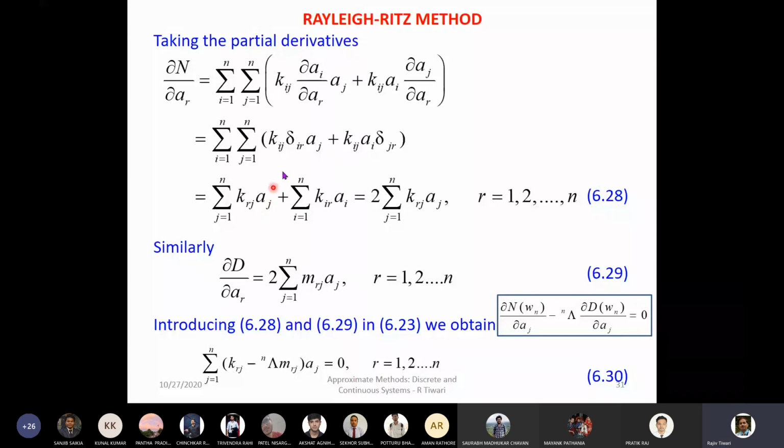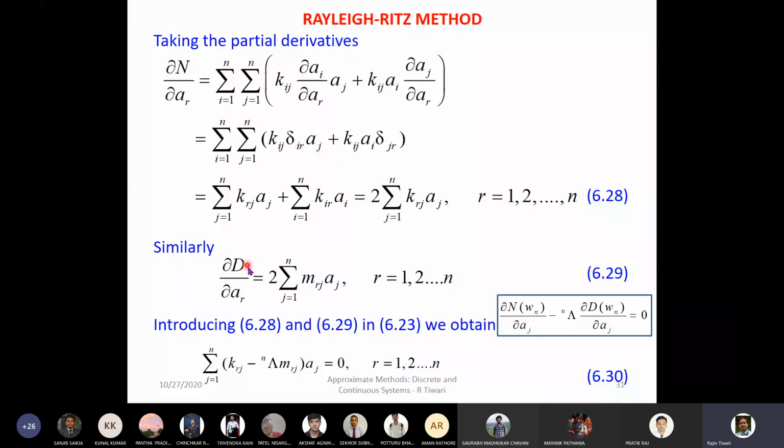So this becomes 1 and the rest of the terms are 0. So this expression reduces to this, and because there are n number of terms, if you add them they will be equal. So I'm writing one of the terms and twice of that, because of the symmetry of K_ij. So this is the differentiation of N.